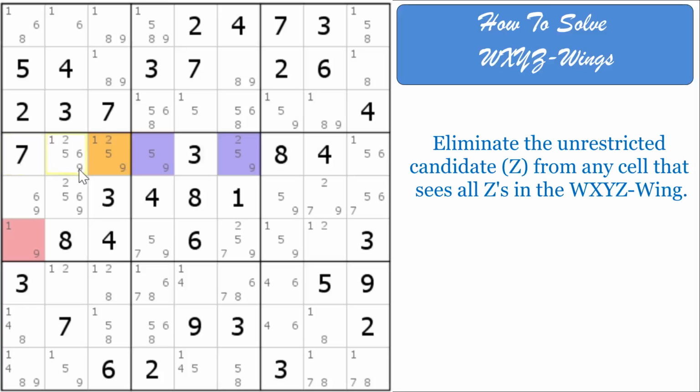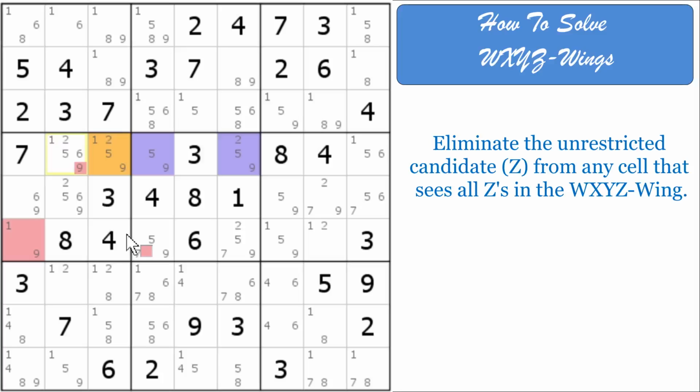This cell right here, this is the 9 that we're looking to eliminate. And I will color it. Excuse me. Let's color the candidate. Alrighty. I'll color it right there. That's what we're trying to eliminate.